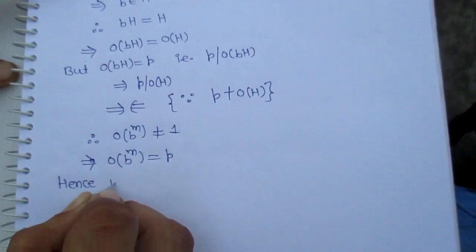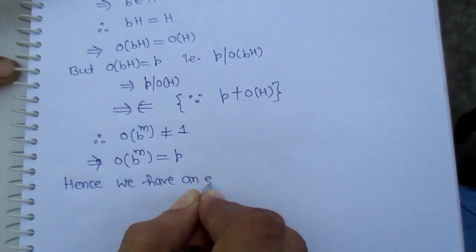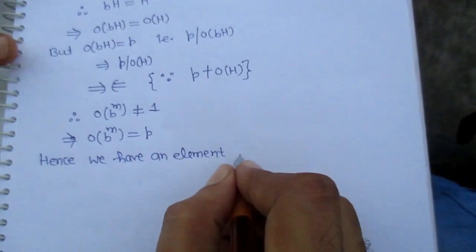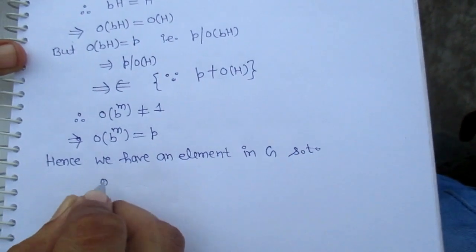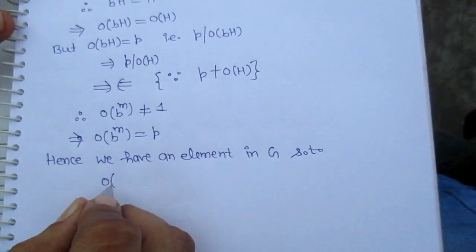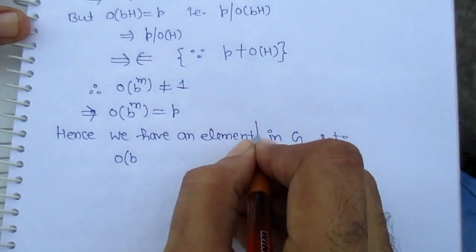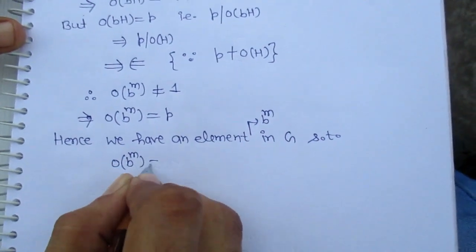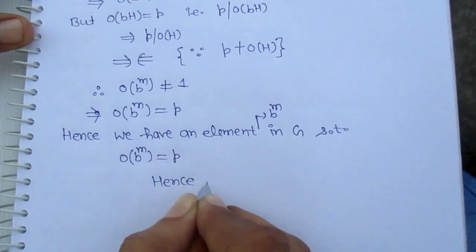Order of b raised to power m is equal to p. G के अंदर एक एलिमेंट ऐसा एग्जिस्ट कर गया, b raised to power m, such that order of b raised to power m is equal to p. Hence the result.